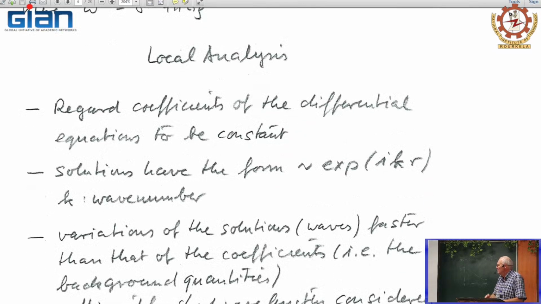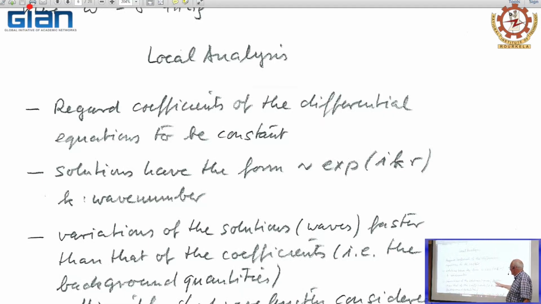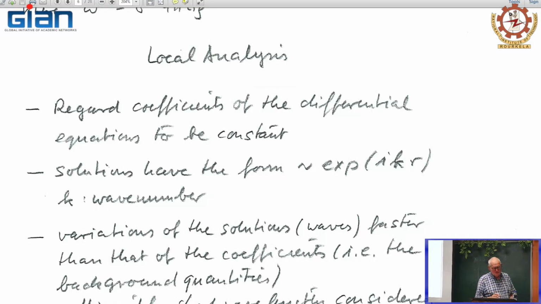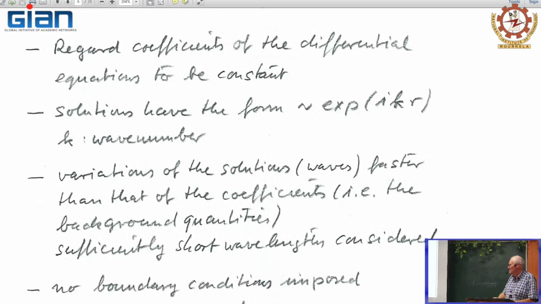So this might be justified by considering the variations of the solutions, namely the wave, to be faster than that of the coefficients, that means of the background quantity. If we do that, then we might have a reasonable solution. That means sufficiently short wavelengths are considered.